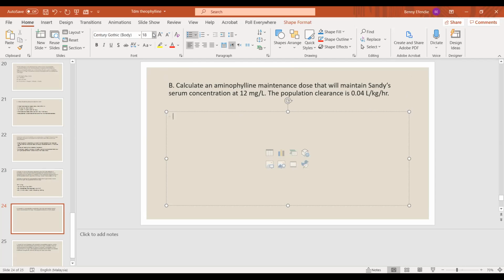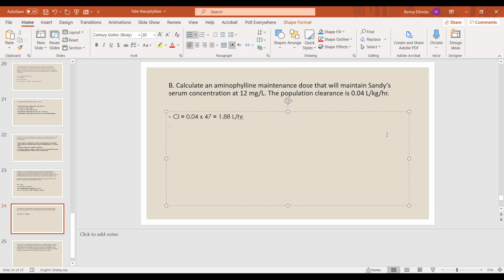Okay, let's do it together. So we need the clearance first. The clearance is 0.04 times 47, equal to 1.88 liters per hour.